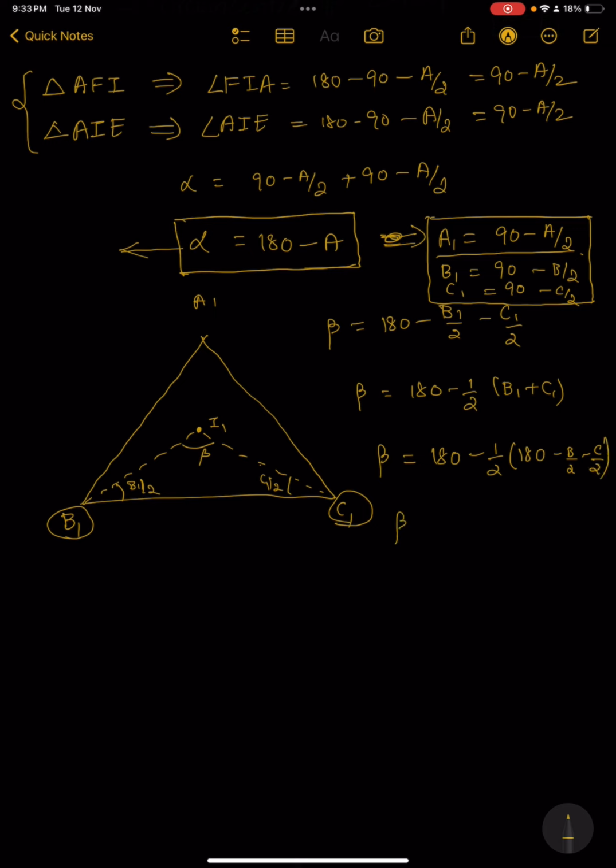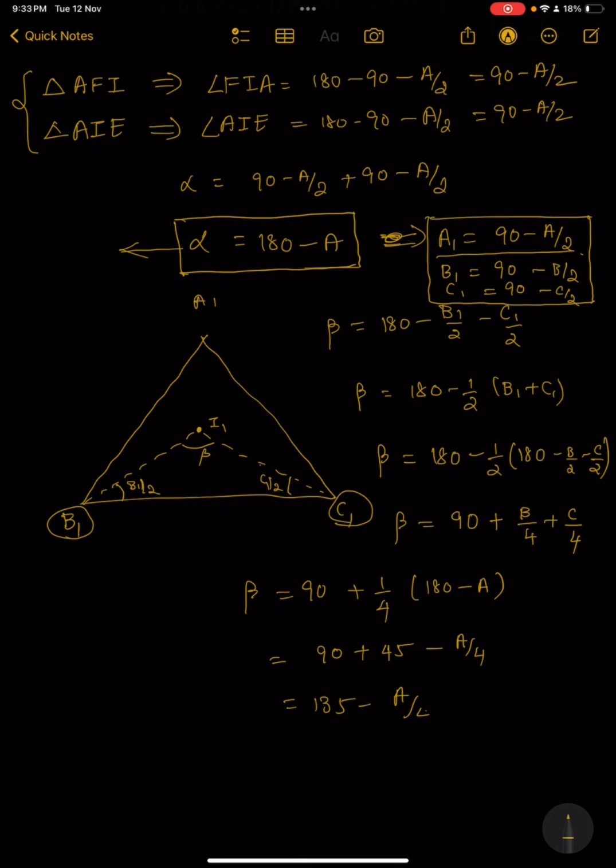So beta is equal to 180 minus 90 plus B by 4 plus C by 4. Beta is equal to 90 plus 1/4 of B plus C, but B plus C is 180 minus A. So 90 plus 45 minus A by 4, 135 minus A by 4.